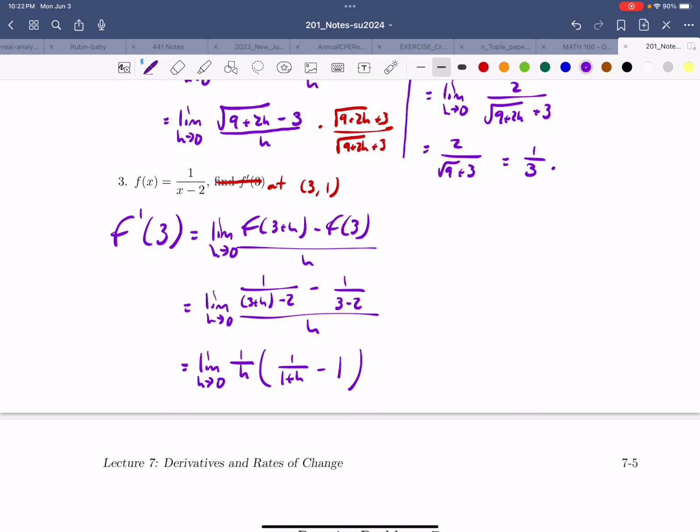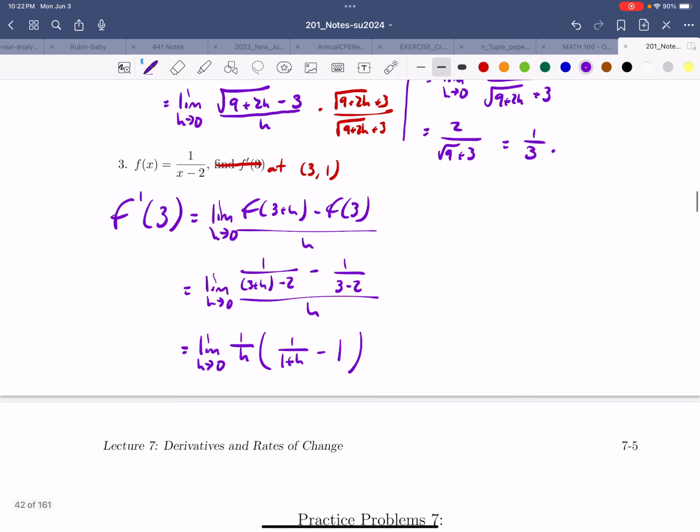Okay? Well, anyway, it's like a 0 over 0 limit. But here it's just sort of an infinity times 0, which turns out is another indeterminate form, right? But if you rewrote it as a fraction, then it would be 0 over 0, right?